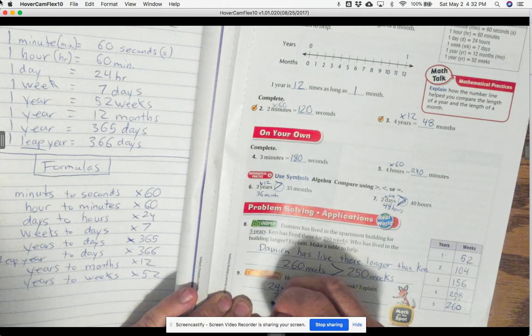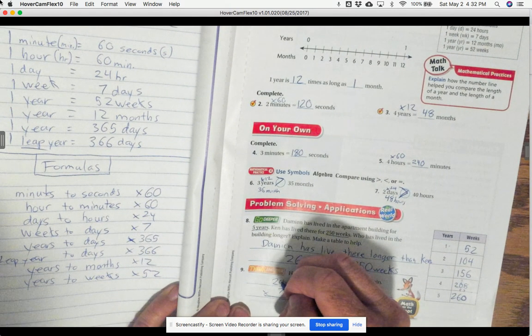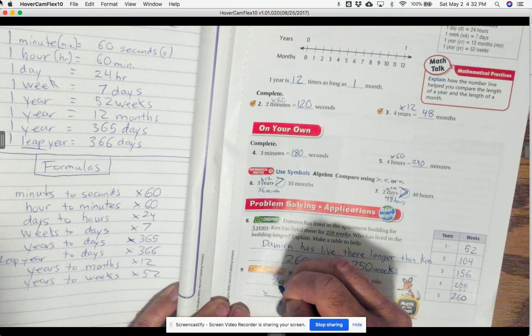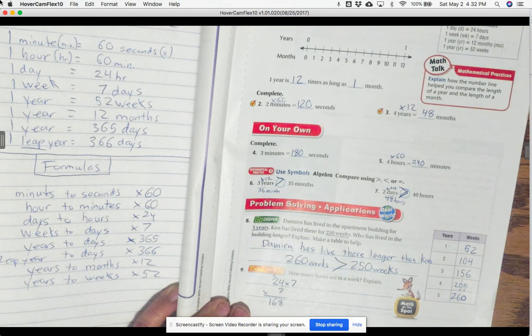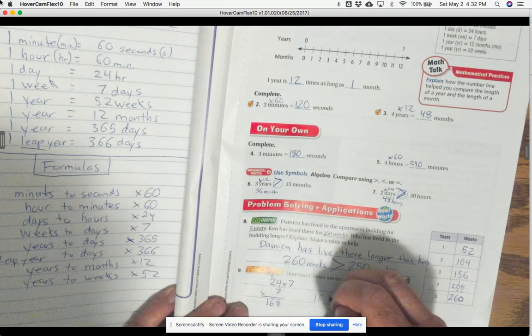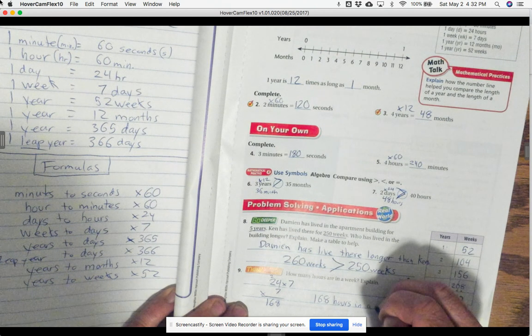So let's work that out. 24 times 7. 7 times 4 is 28. 7 times 2 is 14 plus 2, 15, 16. 168 hours in a week.